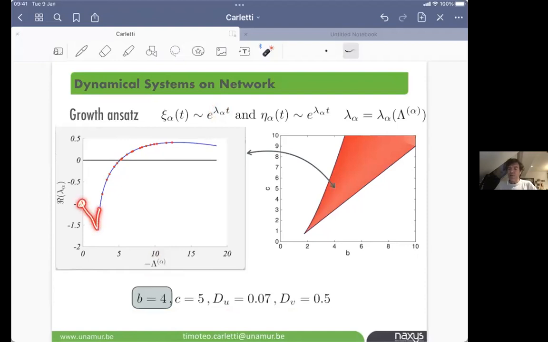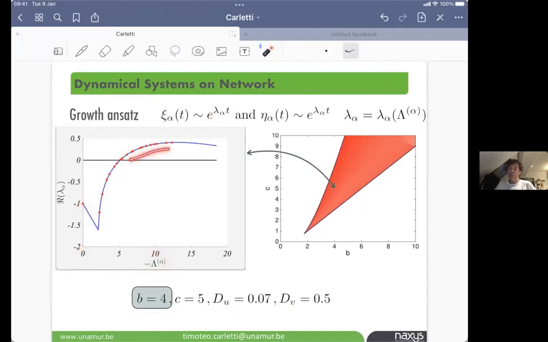It should be negative there because this means that for lambda equal to 0, so once you don't have coupling, the system is stable, but then this function increases. At some point, it becomes positive. All these red points here are associated with eigenvalues of the Laplace matrix for which xi alpha and eta alpha have a positive exponential increase.